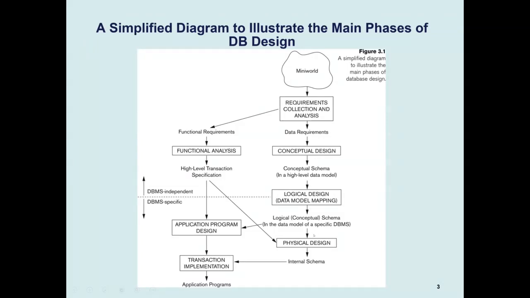Then the last step will be the physical design. In physical design, we consider which system we want to build our database on. We may have different server types we can choose, or we can have a centralized database or a virtual cloud-based database. For the physical design, we also mainly consider how data will be stored, like the physical storage format for every attribute.